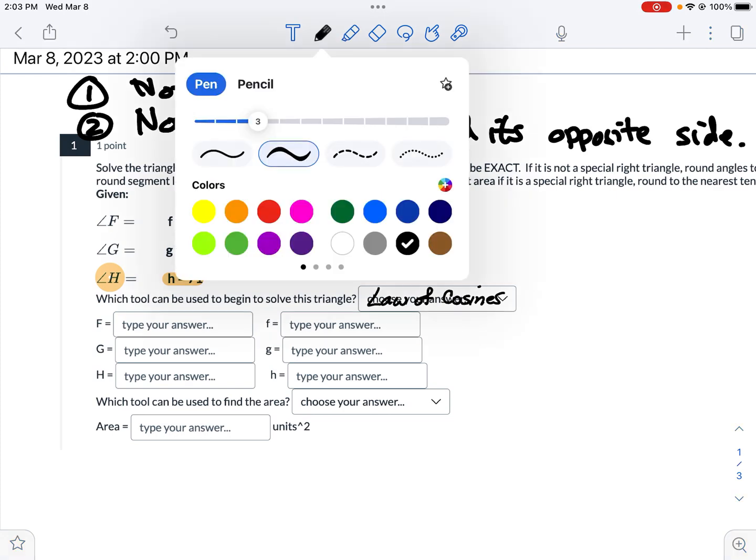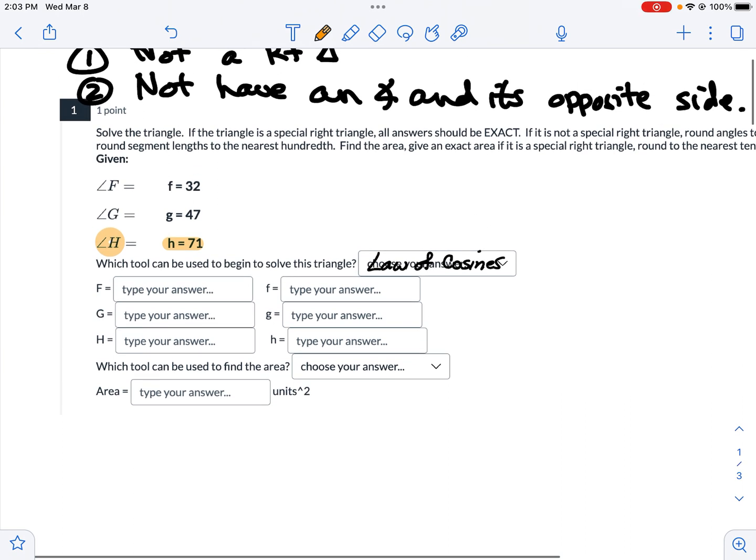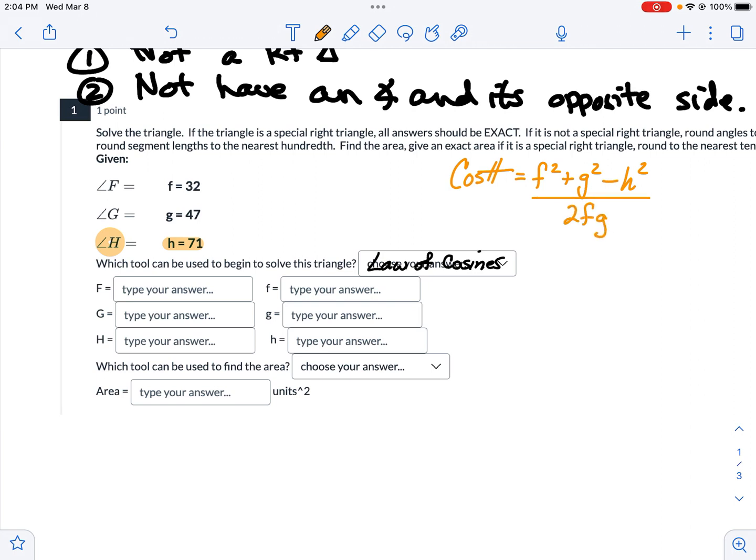And since I'm choosing to find angle H first, I'm going to use the rule that says cosine of H is equal to F squared plus G squared minus H squared, divided by twice FG.